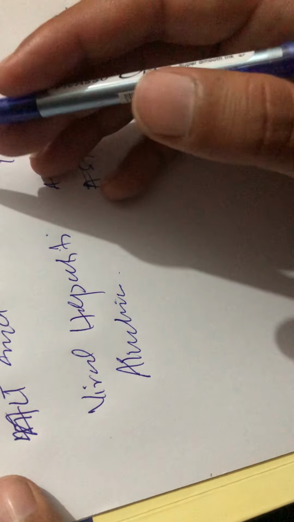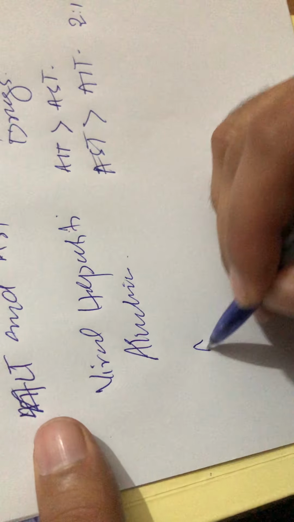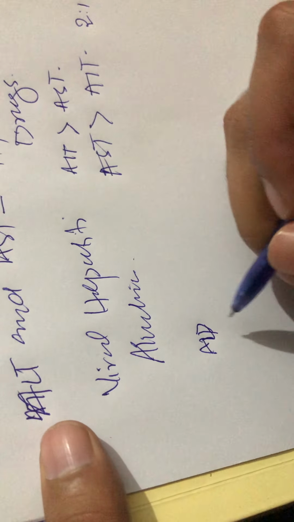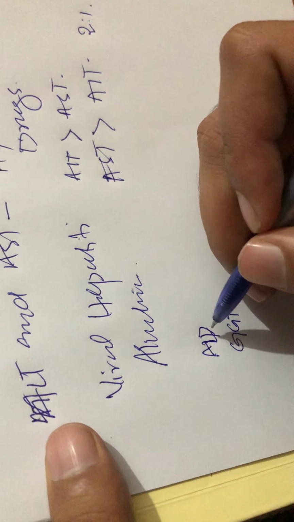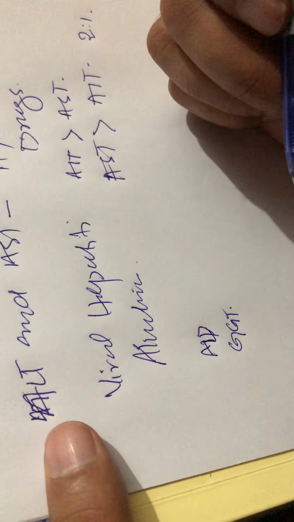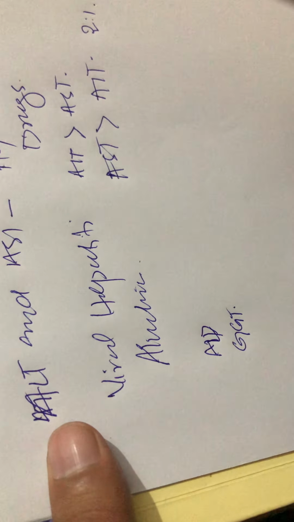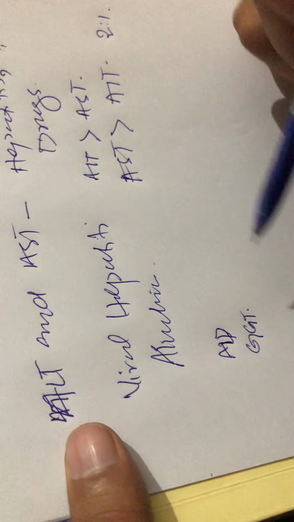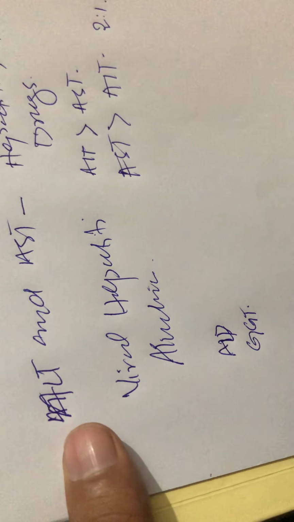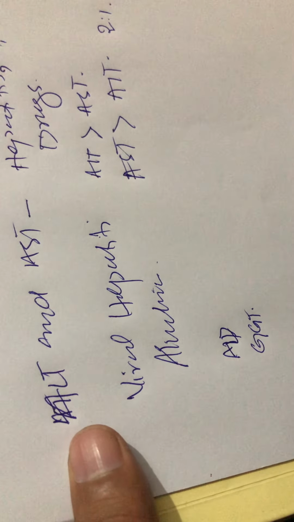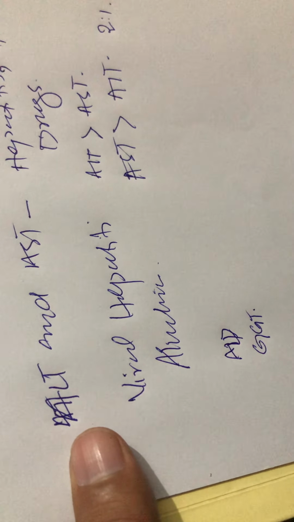Now, when there is some pathology in the biliary tree, the ALP will be raised. But we have to look for GGT as well, because ALP is also released from placenta, bone, and small intestine. So when there is an isolated rise in ALP, alkaline phosphatase, it doesn't mean that there is some pathology in the biliary tree.